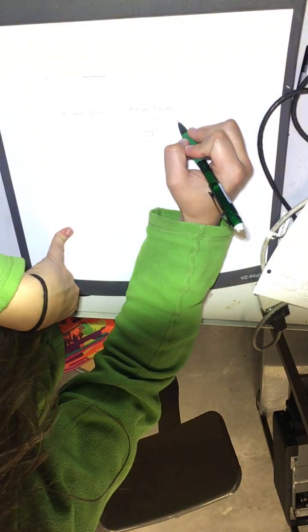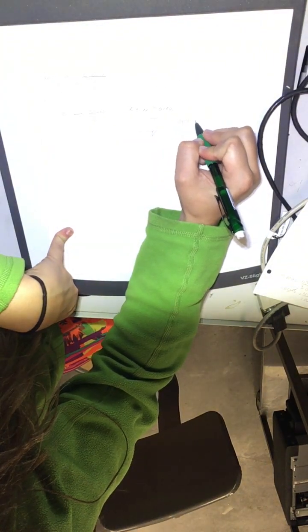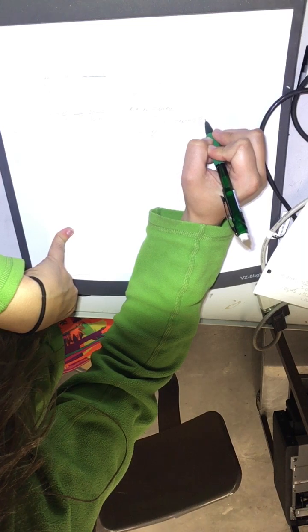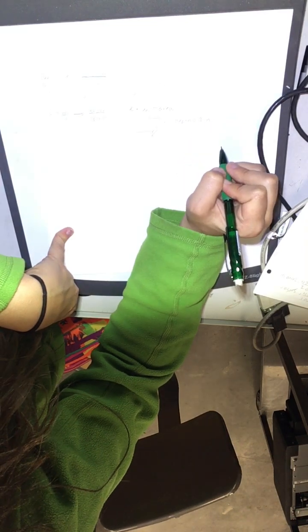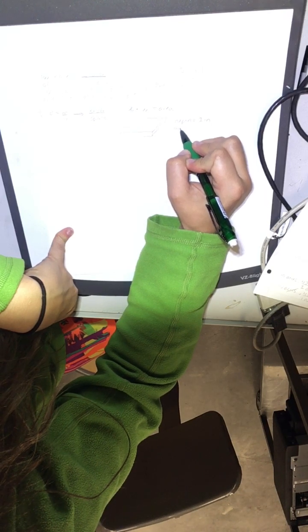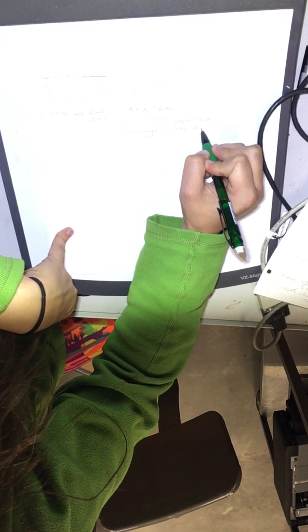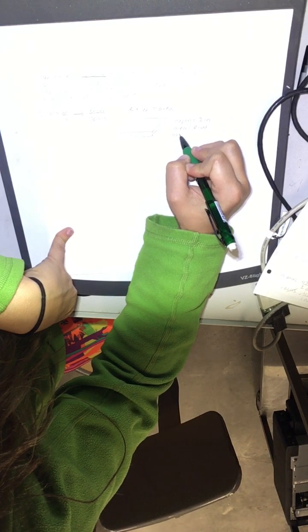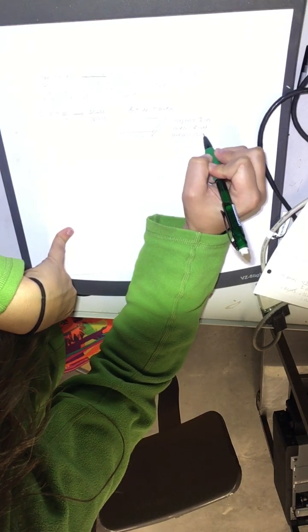So I'm just going to write out depth. And the depth is 1 inch. And we have our area: area equals length times width, and our area is also equal to 10 acres.